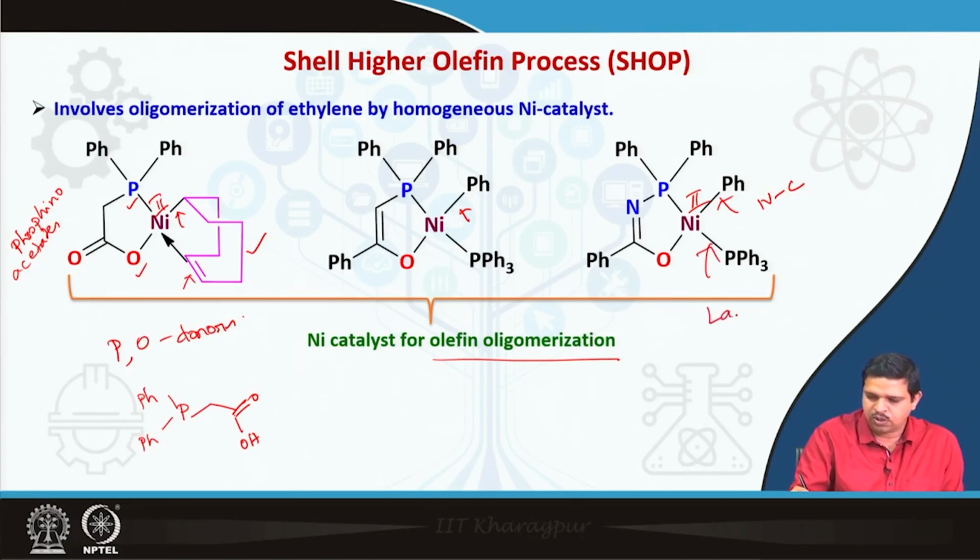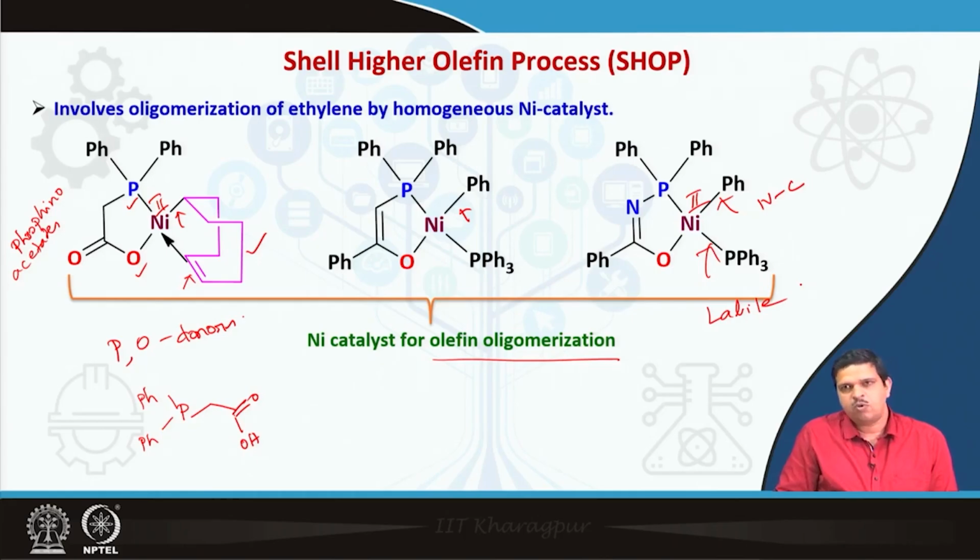It is quite labile in nature. It may be the alkene or the phosphine, which can come out from the vicinity of the metal center to make space for the alkene for the reaction.